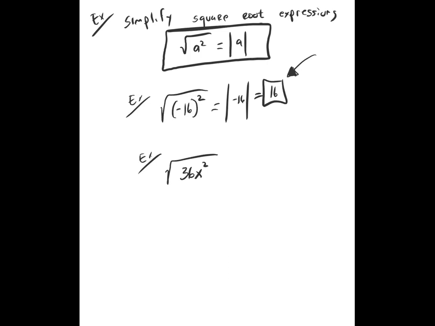Well, keep in mind that what this rule tells us, the inside has to be to the power of 2, and here it's only x that is to the power of 2, right? So what we can do with something like this, we know that 36 is just 6 to the power of 2, right? So we can rewrite this then as (6x) to the power of 2.